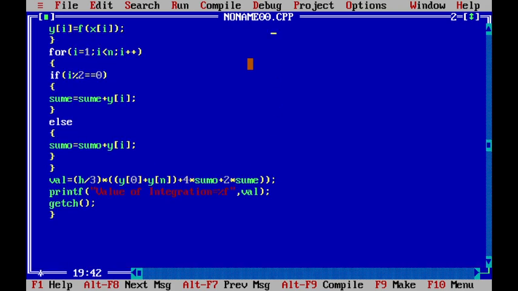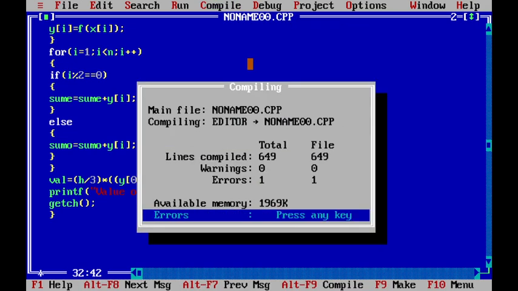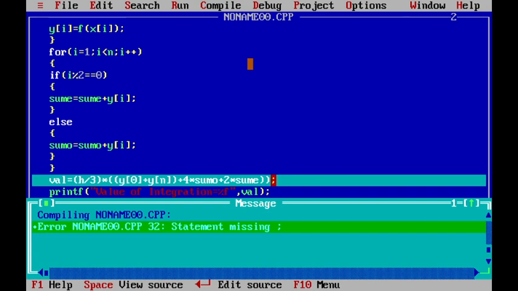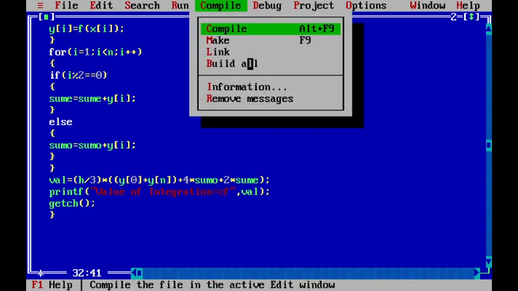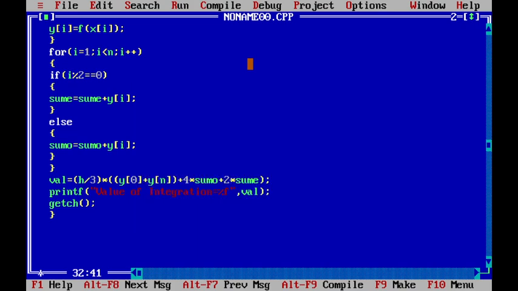So now for, if else and for is completed. H by 3, two brackets, y0 plus yn. Okay, there is an extra bracket here. Now if you see here, 0 errors.